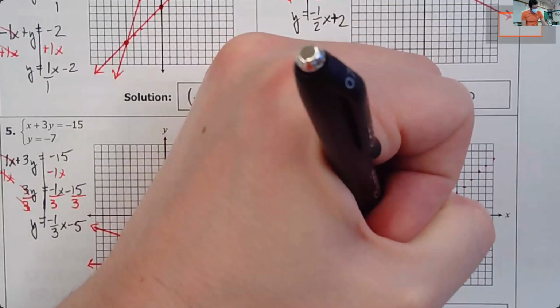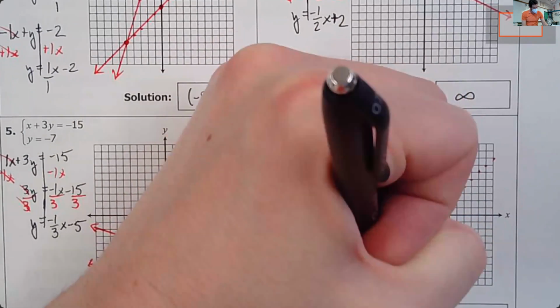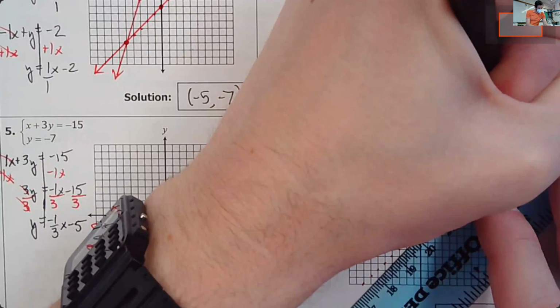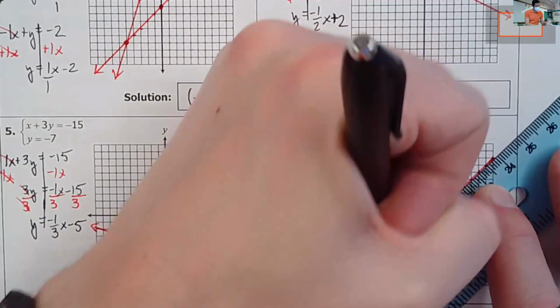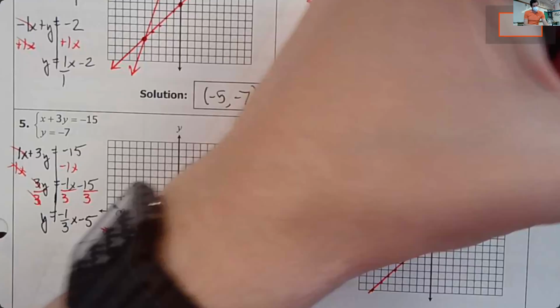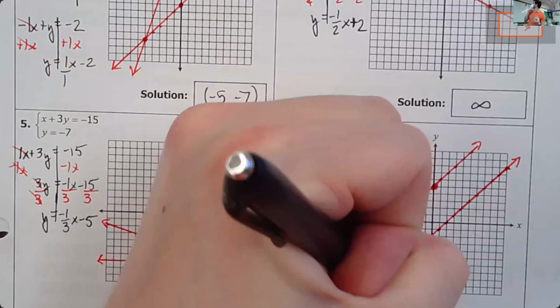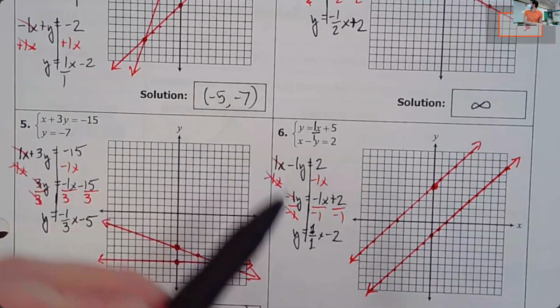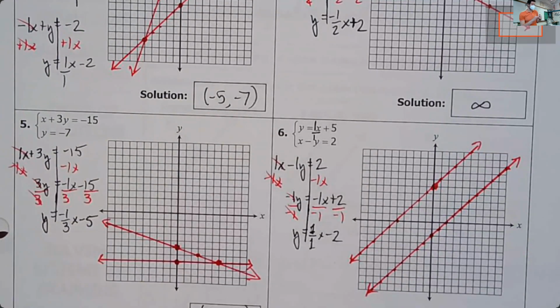And if we line up the ruler and we draw our line, what happens? Yeah, we got no solution on this one. The reason is because those two lines have the same slope. First one had a slope of 1, second one had a slope of 1. If lines have the same slope, they're parallel.